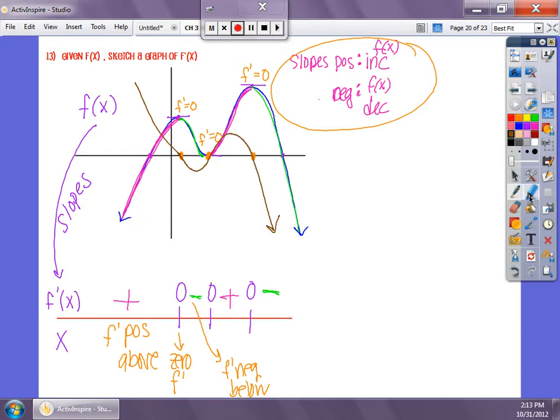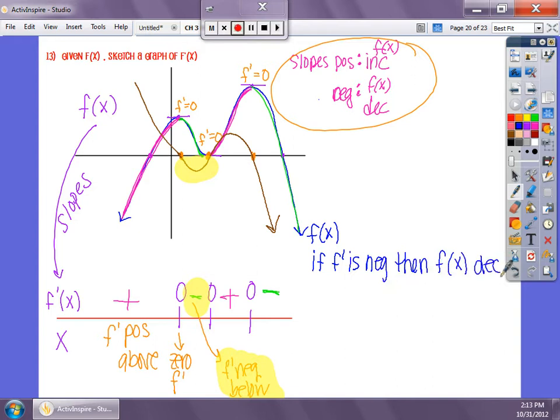All right, so let's investigate what I ended up doing. I'm going to highlight a piece of the graph right here. That part of the graph corresponds to this negative right here, which corresponds to f prime being negative. So f prime is negative means we graph it below. When you talk about the function, the blue function f of x, if f prime is negative, then f of x decreases.